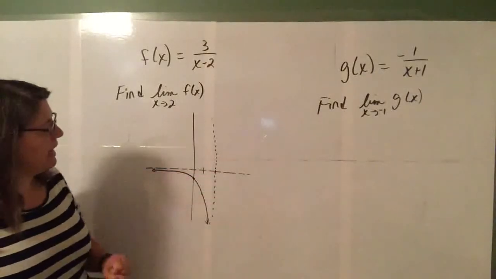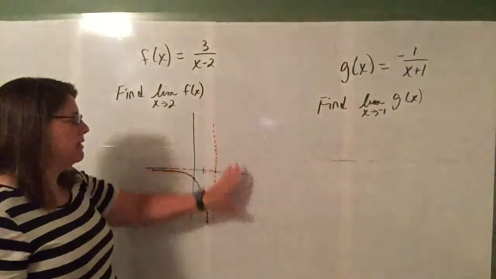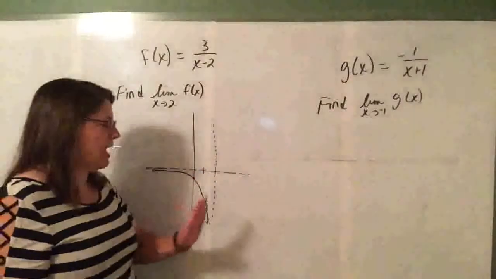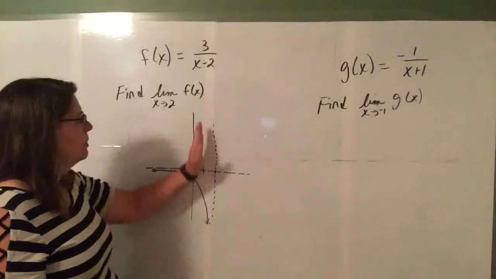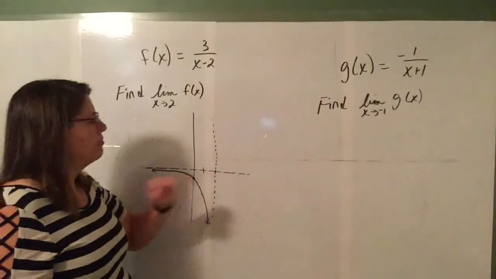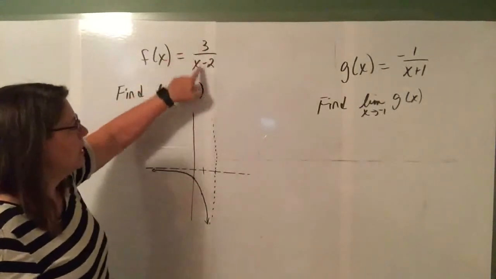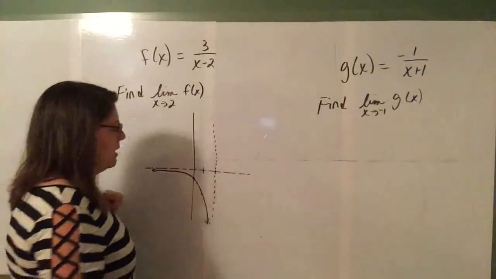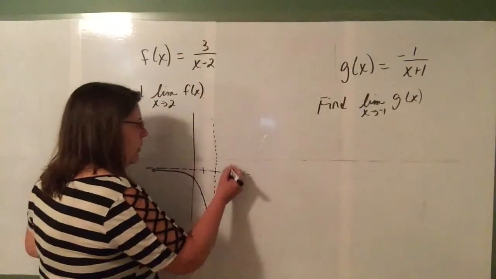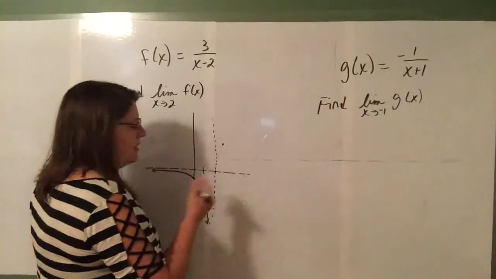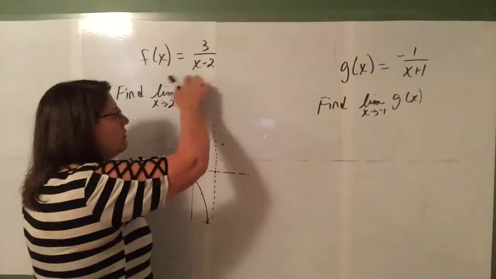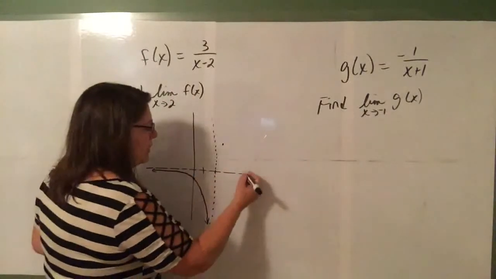Then if I look at the right-hand side, in order to get this portion of the graph, I need to plug in numbers to the right of the asymptote. My asymptote was at 2, so let's plug in 3. 3 over 3 minus 2 is 3 over 1, which is 3. So at 3, I go up 3. If I choose 4, 3 over 4 minus 2 is 3 halves.